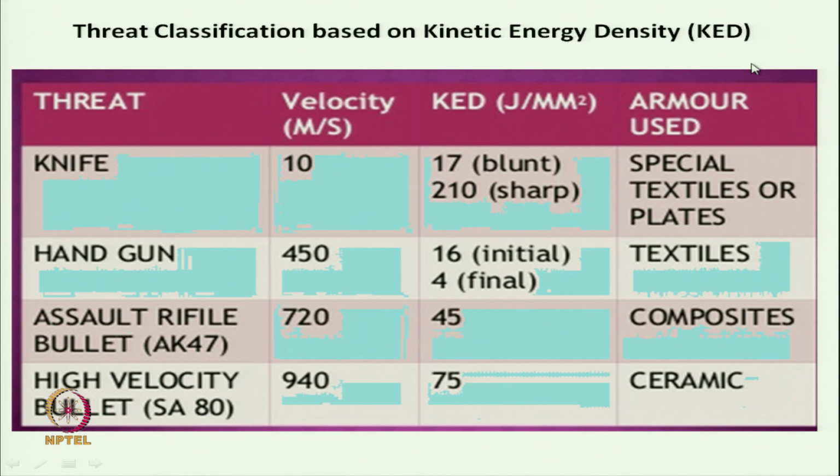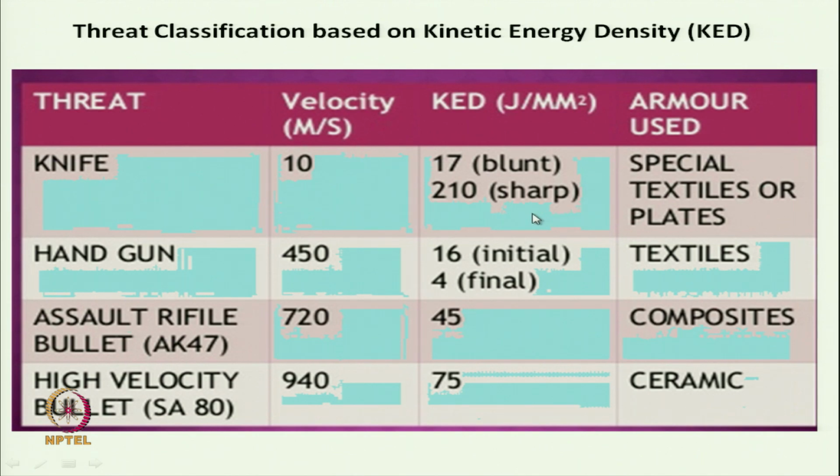At different levels of kinetic energy density, the threats are classified. For threats due to a knife, the velocity is typically 10 meters per second, and there are two types of knife threats.